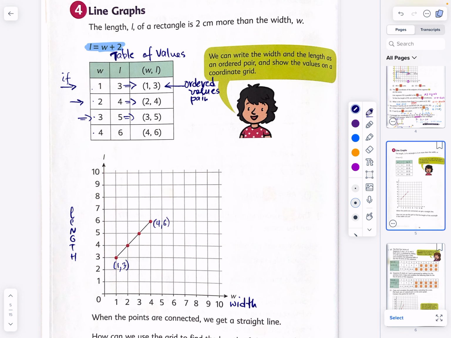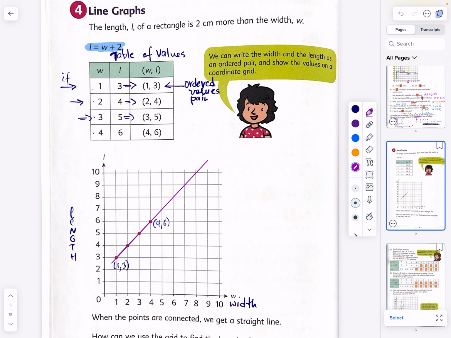Every time it increases by 2. So right here with this line graph, or simply linear graph, we see the relationship between width and length.